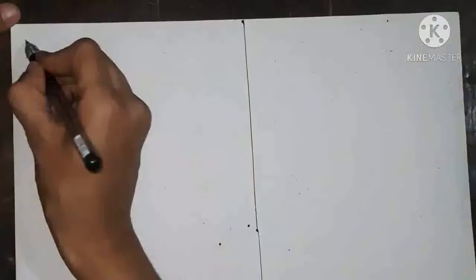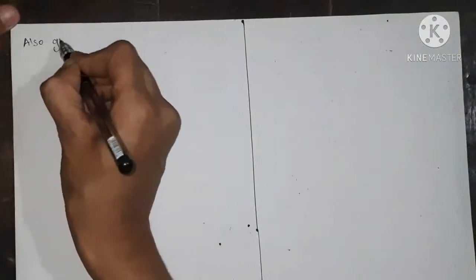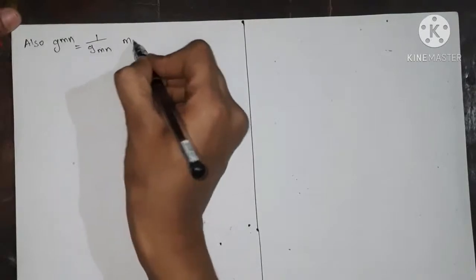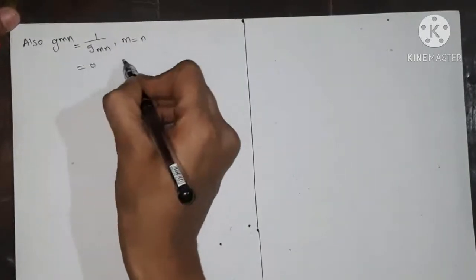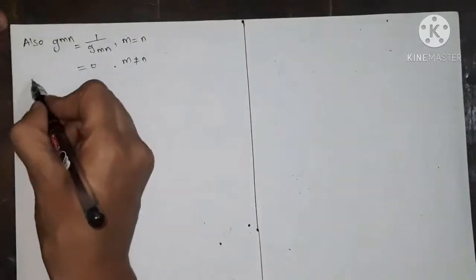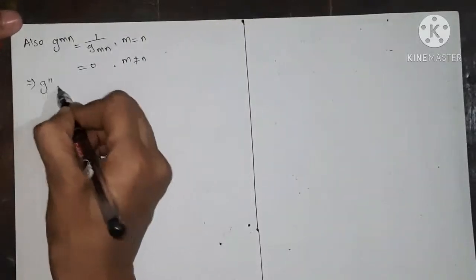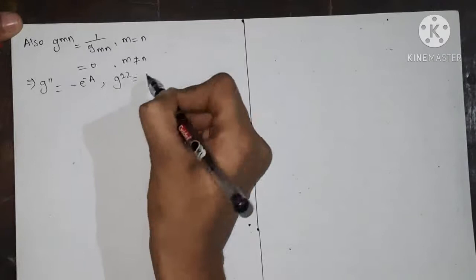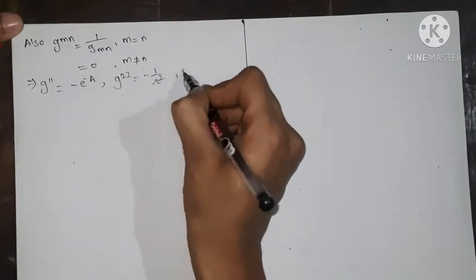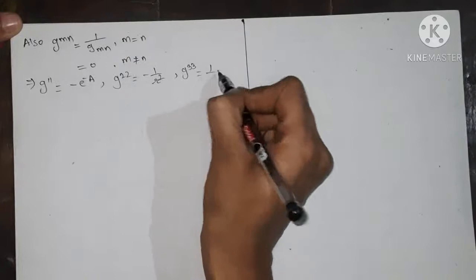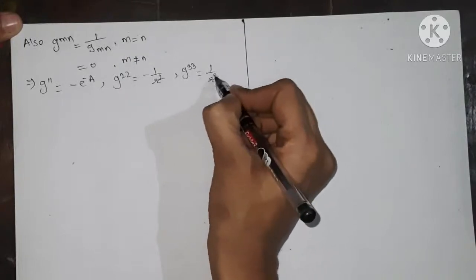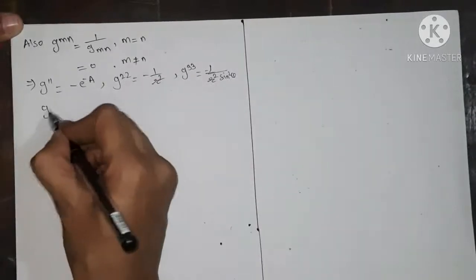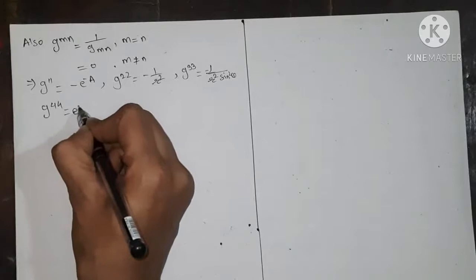This implies g upper 11 equals minus e to the power minus a, g22 equals minus 1 upon r square, g33 equals minus 1 upon r square sine square theta, and g44 equals e to the power minus b.